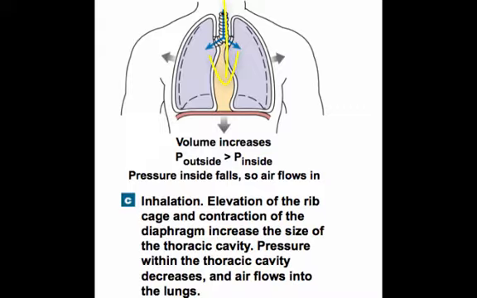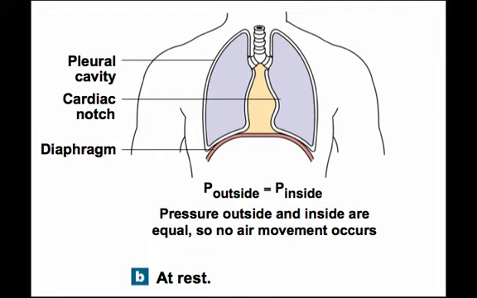Look at it this way. The pressure in the atmosphere is a constant pressure from moment to moment for the most part. When no inspiration or expiration is taking place, the pressure in the atmosphere is the same as the pressure in the thoracic cavity. But the pressure inside the thoracic cavity changes when certain muscles contract, causing the thoracic cavity to get larger, thus increasing the volume inside the thoracic cavity.